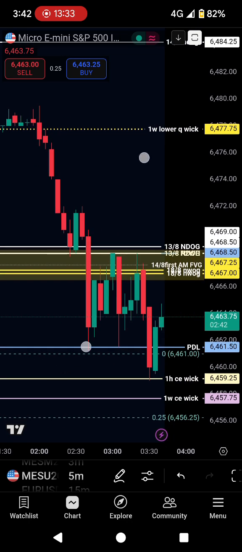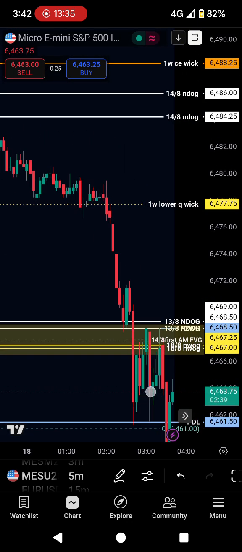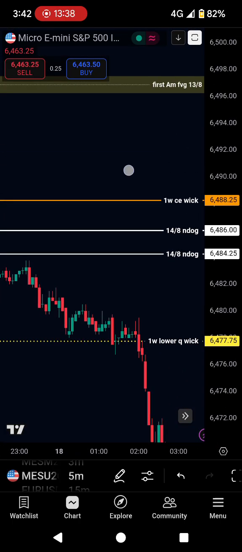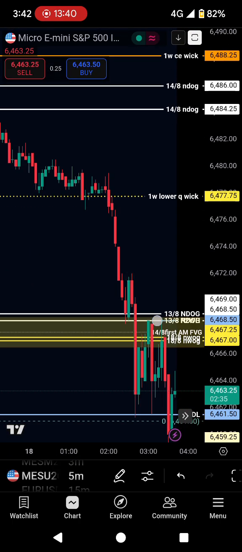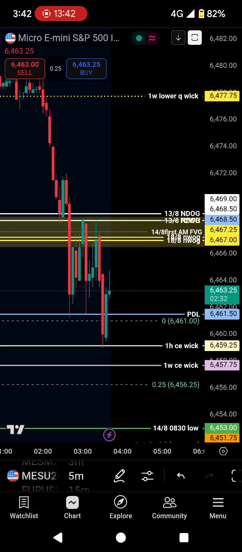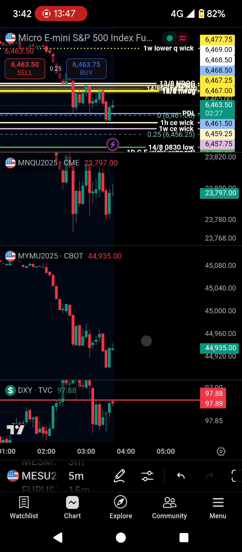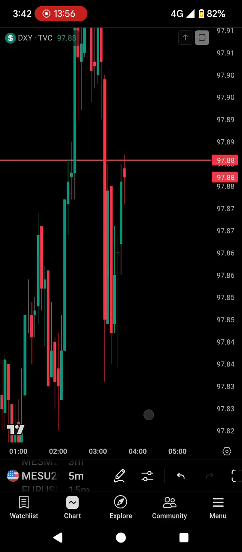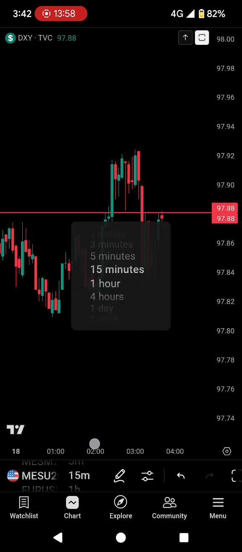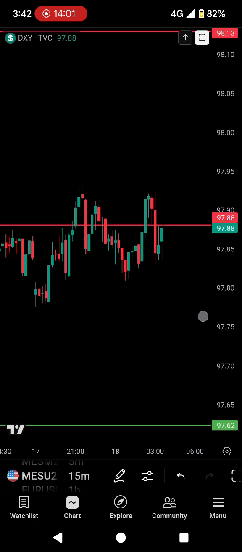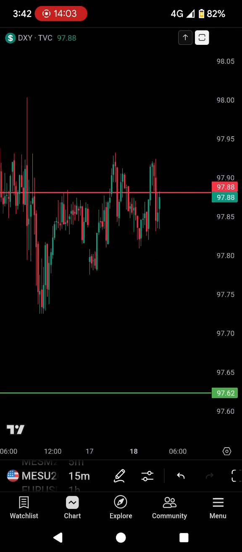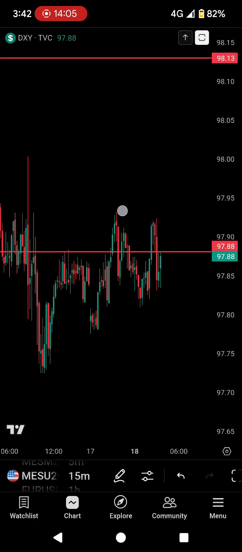Okay, so expecting higher prices. So the weeklies to the weekly C week here. So right now we got buy side here.